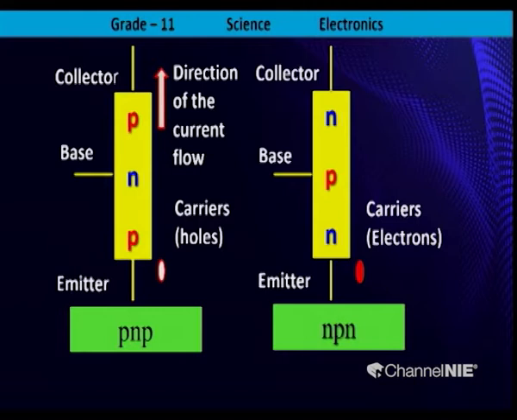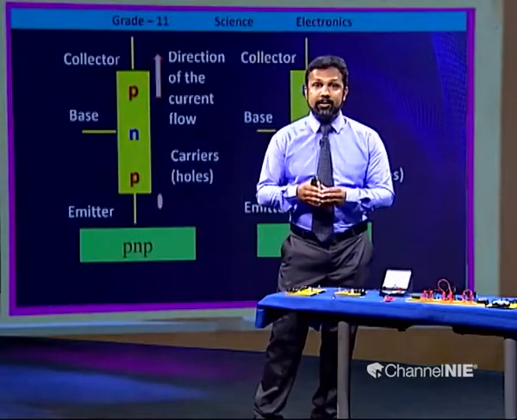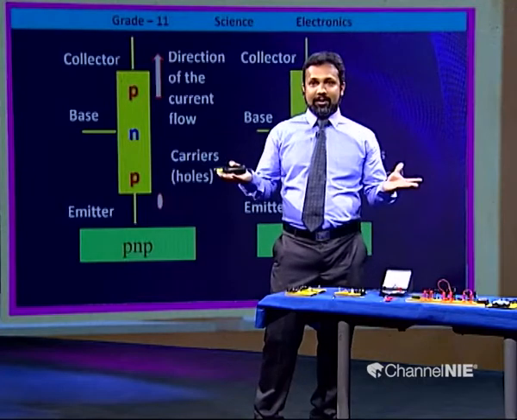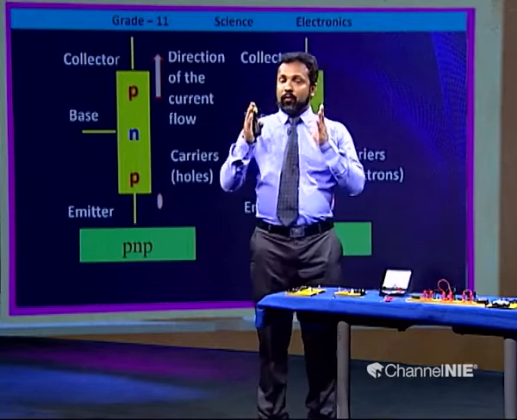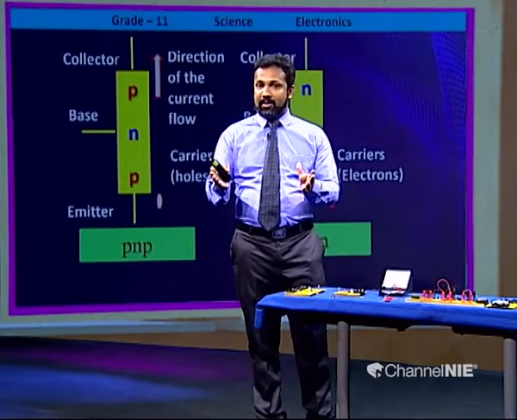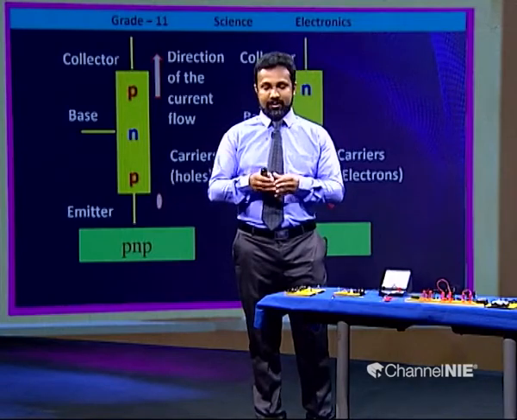That means we doped group 5 arsenic or phosphorus. So, Npn transistors consist of large amount of free electrons. As a result, we can understand free electrons act as the charge carriers in N-type semiconductors.